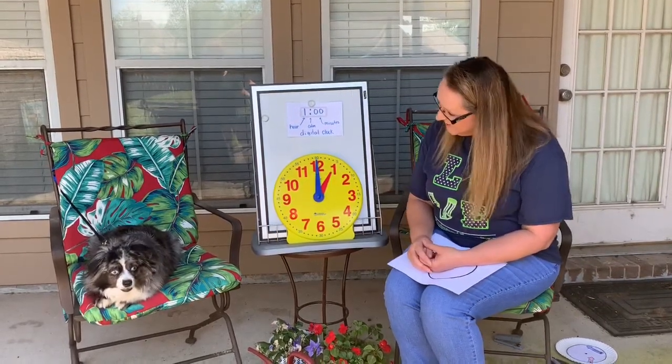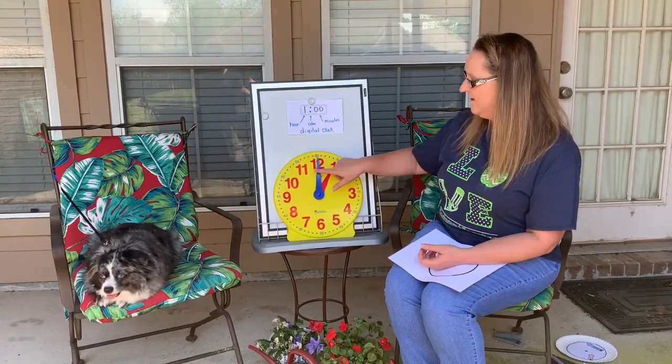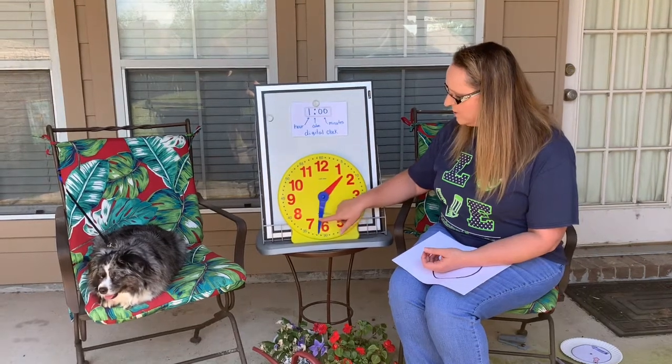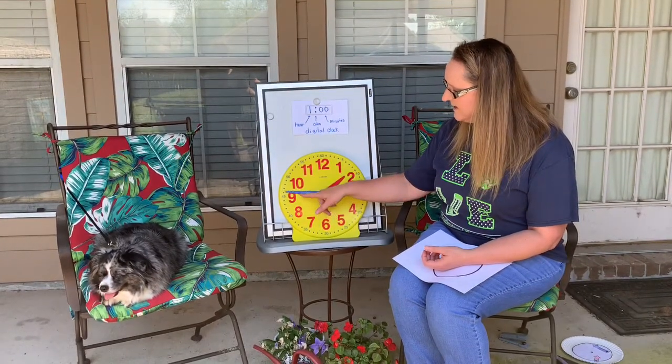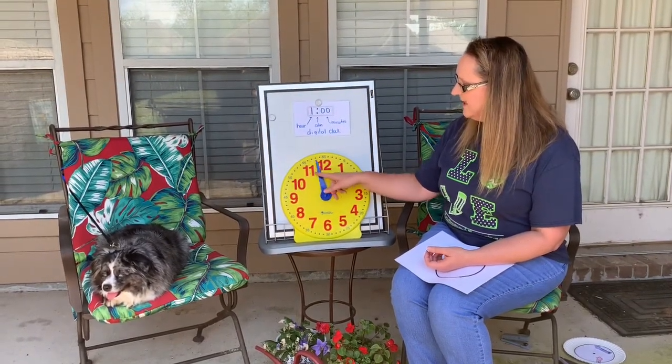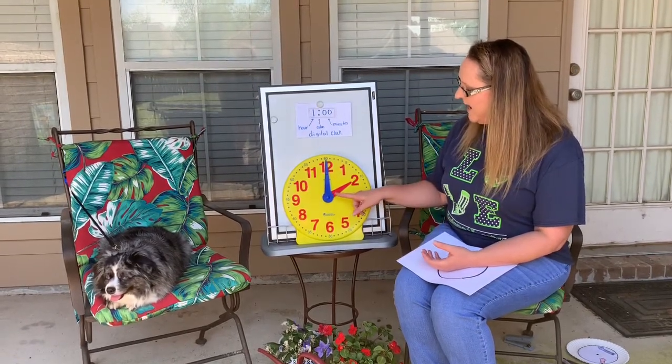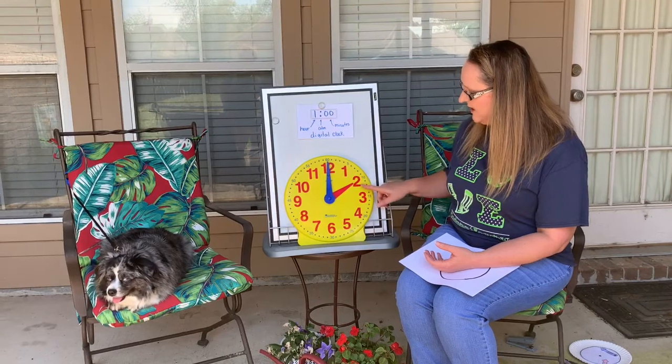Is that true? Okay, so the blue hand will travel around the clock like this. When it travels around the clock like this, you have a whole 60 minutes. And then the red hand moves to the next interval.